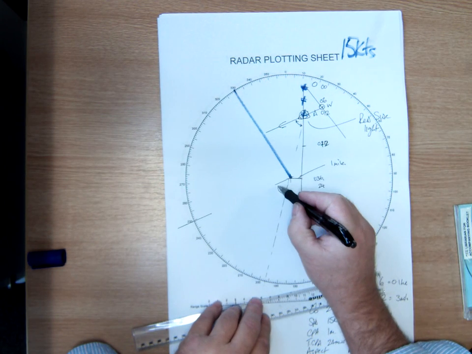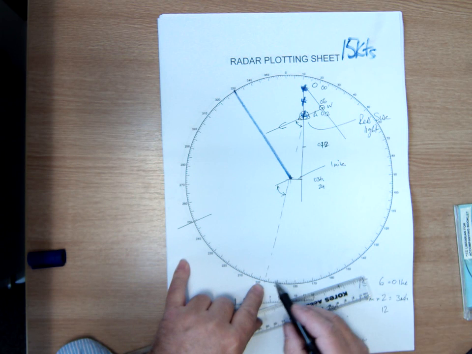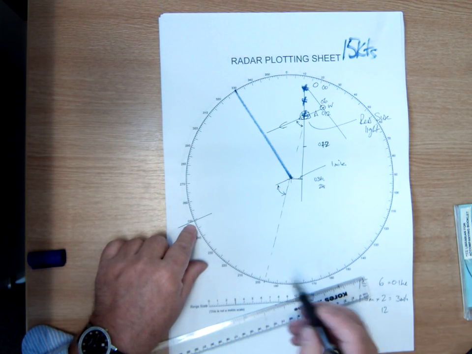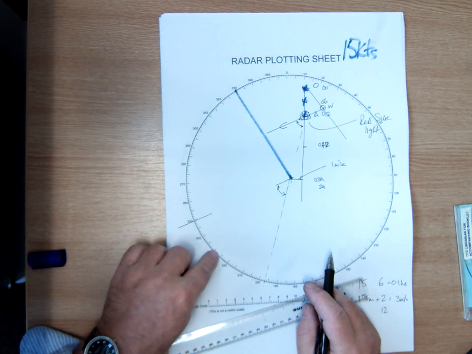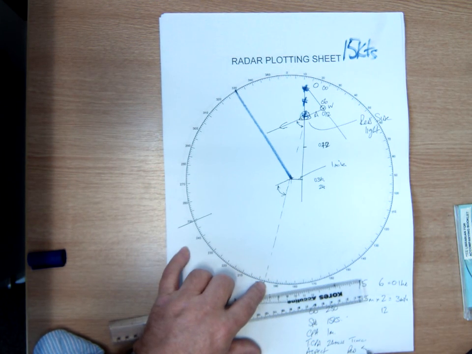If I take 197 through to 250, okay? So that's 10, 20, 30, 40, 50, 53 degrees. So it'll be red 53.